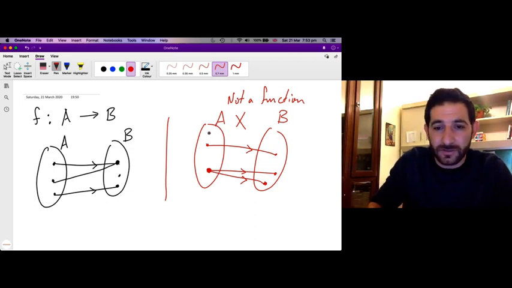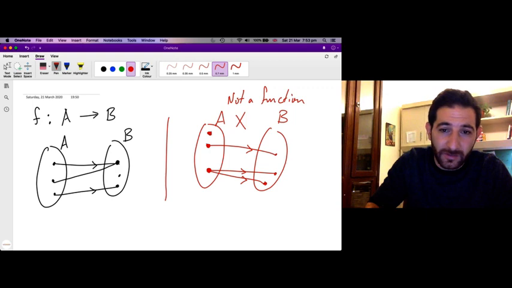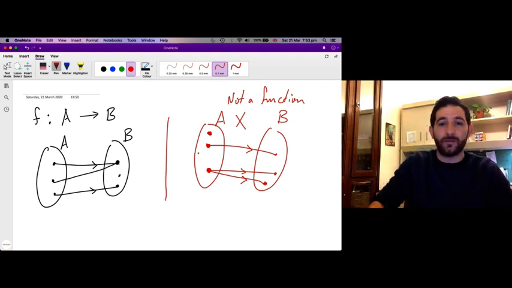Another reason, for example, is that this is not a function because this element is not assigned an image. Remember, a function has to assign an image to every element in the domain.